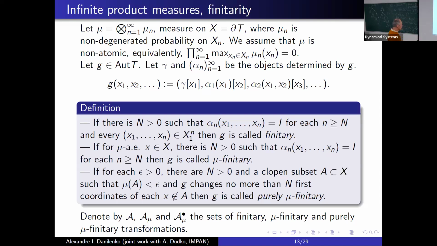Then g is called mu-finitary. Next concept: if for every epsilon there are n and a Borel subset A such that mu(A) is less than epsilon, and g changes no more than the first n coordinates for each x out of A, then g is called purely mu-finitary.